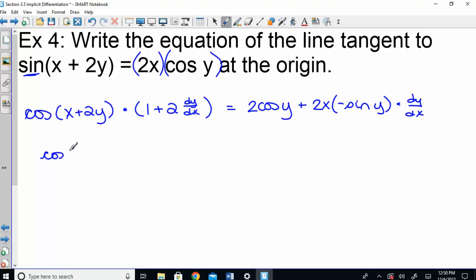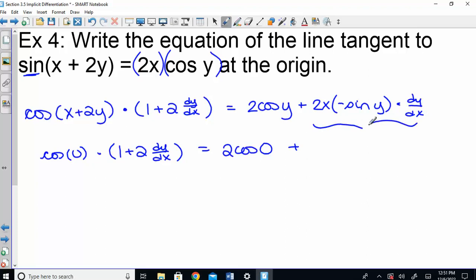So I get the cosine of 0 plus 2 times 0 is 0. What happens to this whole term when you plug in a 0? It's 0. That's gone.